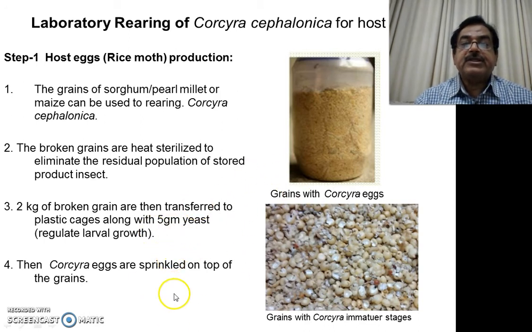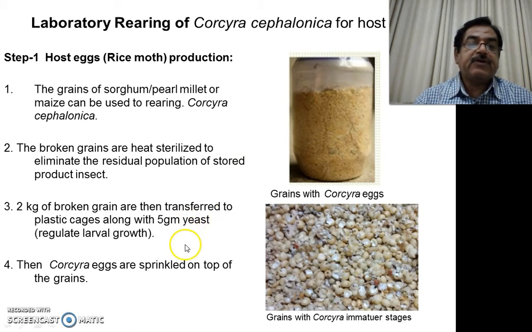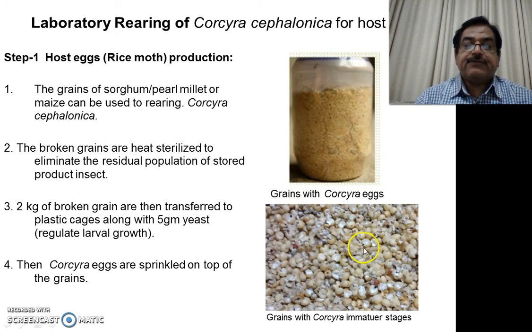As you can see in this plastic bottle, the grains are kept. Then Corcyra cephalonica eggs are sprinkled on top of the grain, and you can see different life stages of the Corcyra cephalonica developing inside these grains.